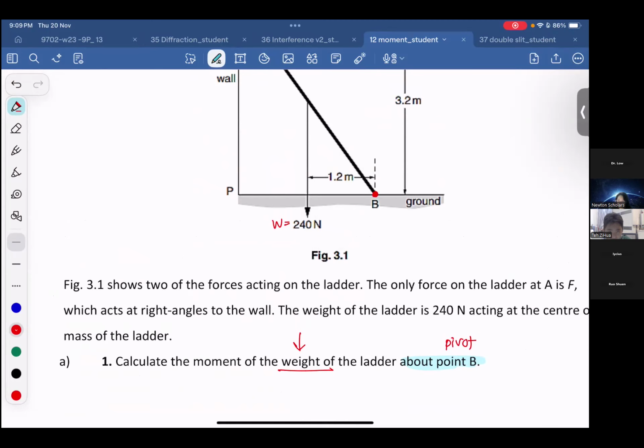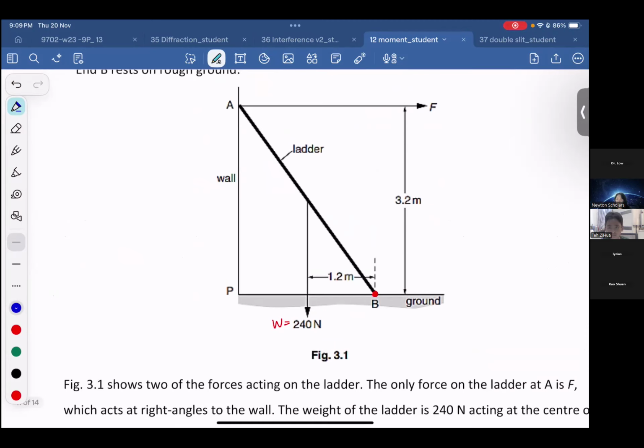240 Newton. Moment is equal to force times distance. The weight is 240. What is the distance I should use, 3.2 or 1.2? 1.2, thank you.